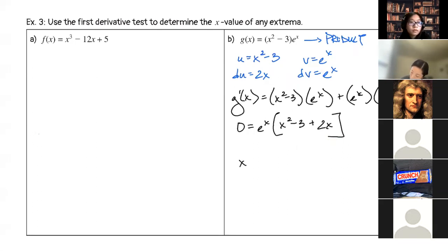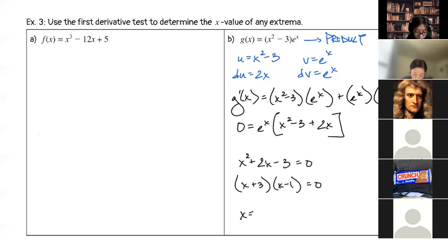So we'll have x squared plus 2x minus 3 equals 0. We factor, and we get x equals -3 and x equals +1 as potential critical points.